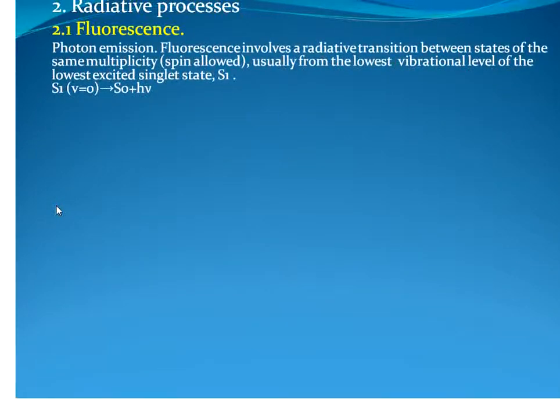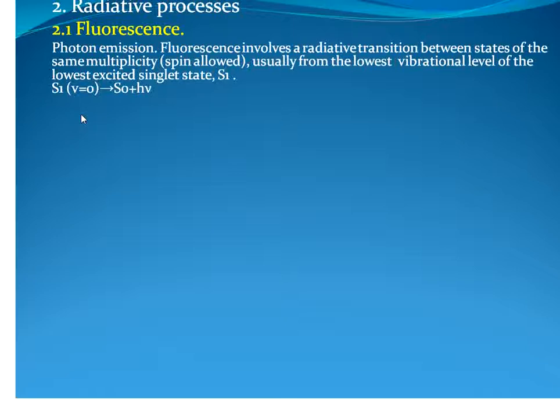By same spin multiplicity, we mean that the electron will move from S1 to S0, and when it lands at S0, the energy is going to be given off.